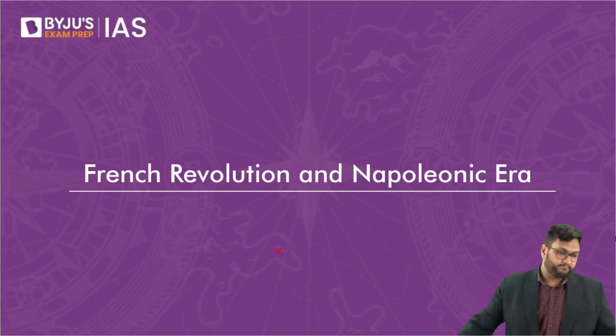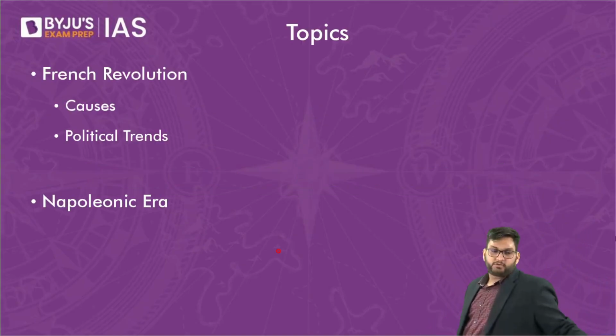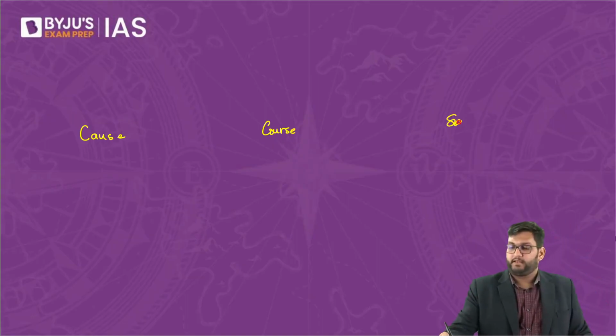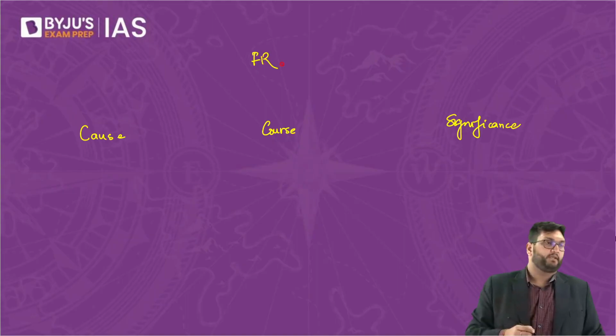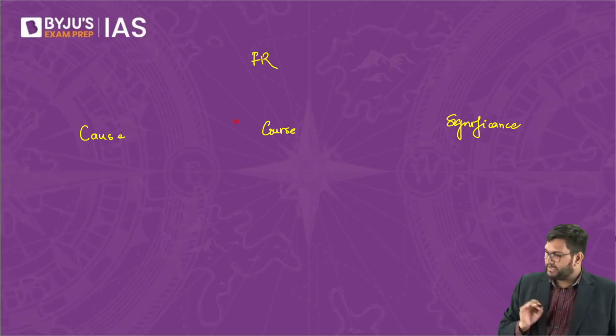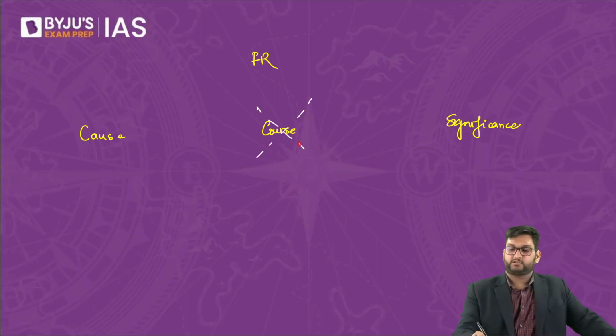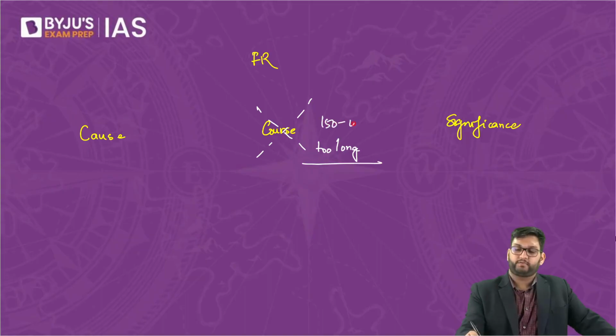Okay, ready, sir. Now, see, when we talk about the French Revolution, there are 2 to 3 things which you again need to remember. There is cause, there is course, and there is significance of the French Revolution. Now, out of this, course is too long to be asked in 150, 250 words.